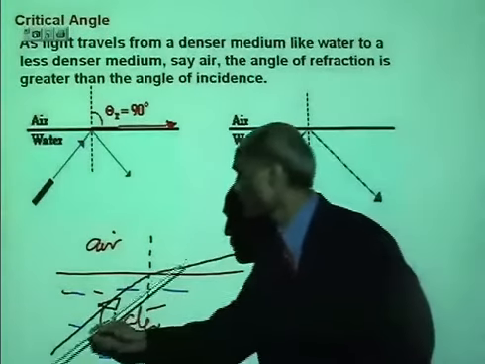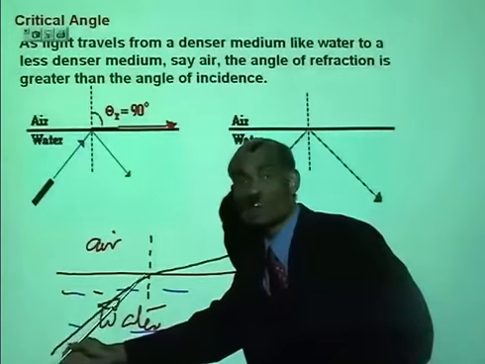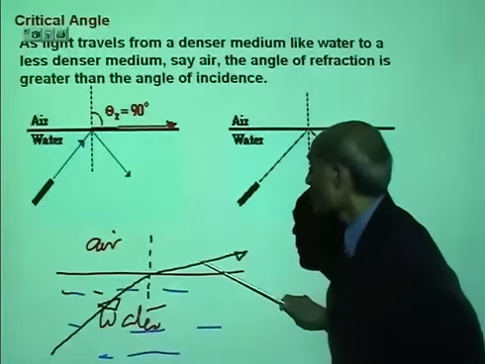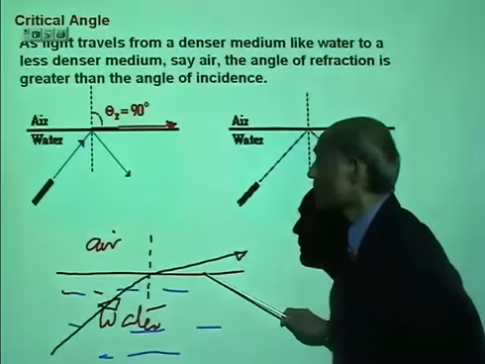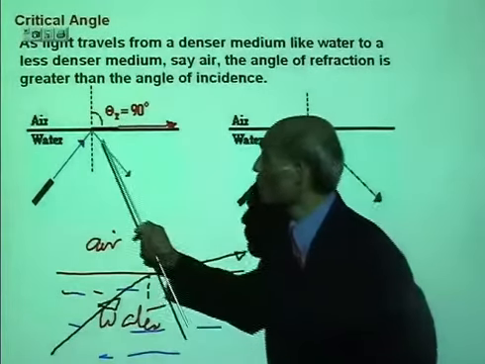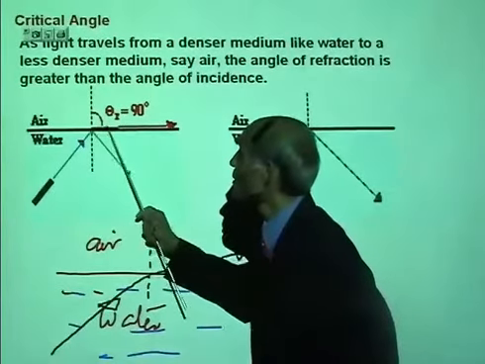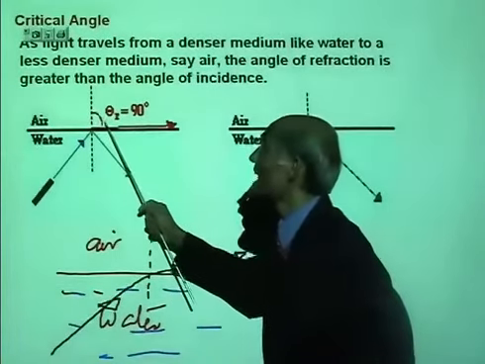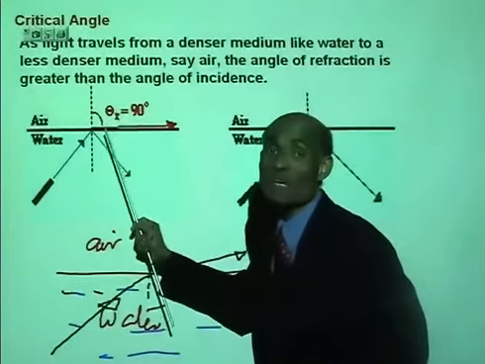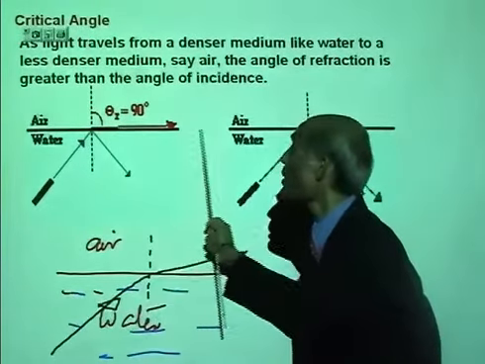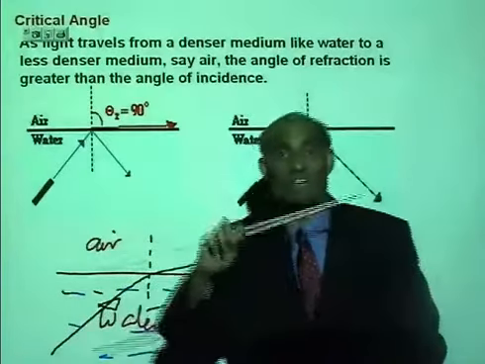That means if you keep on increasing the angle of incidence, the angle of refraction will also increase. A time will come, for a particular angle of incidence, when the angle of refraction will be exactly 90 degrees. That means the light that is emerging will go parallel to the interface.